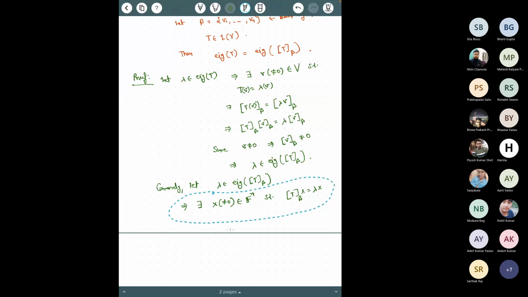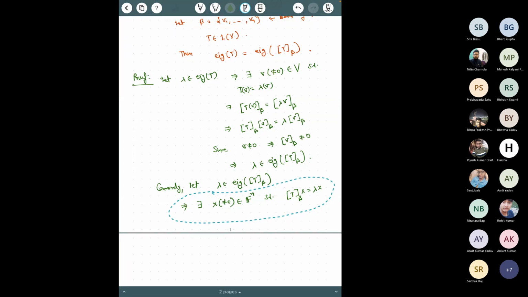Sir, x itself is a vector of V. No, x is not a vector of V. x is in Fn, where F is the field. Sir, x1 v1 plus x2 v2. Yeah, I understand what you're saying.